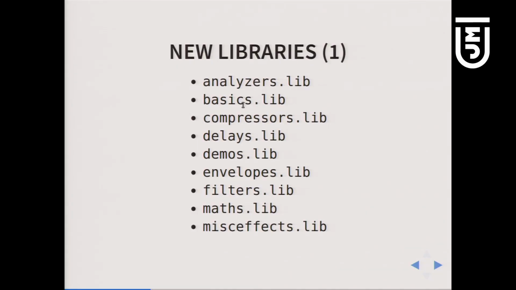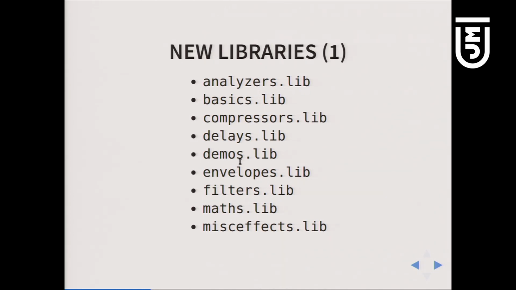Now, to prevent name conflicts between the old libraries and the new libraries, because we still try to provide backward compatibility, we had to do this funny thing where, I don't know if you noticed, but all these library names here are plurals. That's the only way we found to solve this problem, basically.